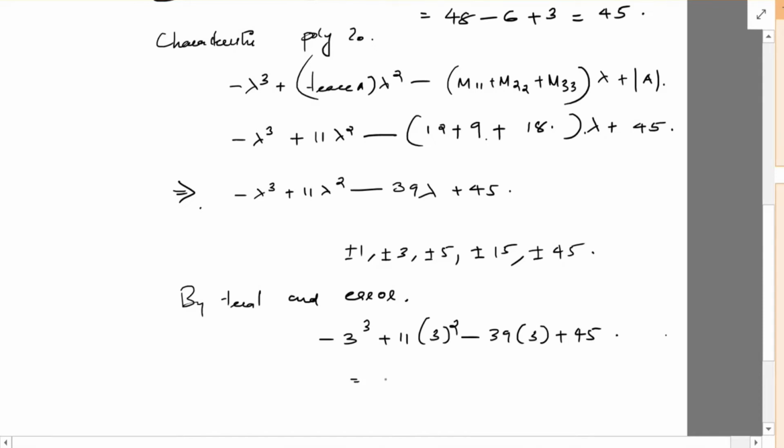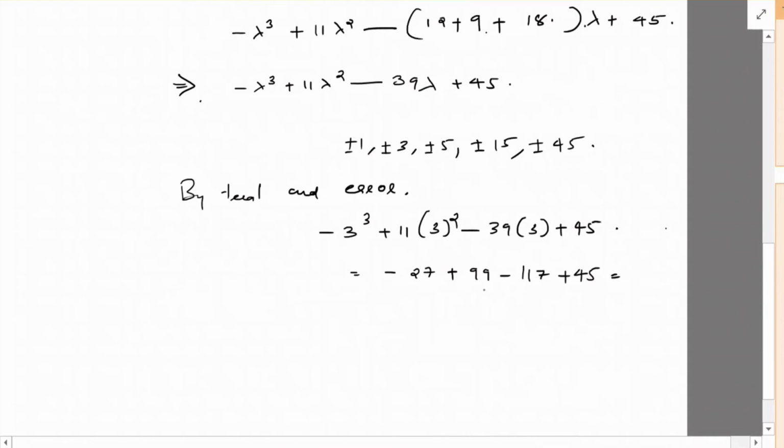So it will be minus 27 plus 9 into 11, 99 minus 39 into 3, that is 117 plus 45, which is equal to 99 plus 45, which is 144 minus 27 minus 117, that is minus 144.